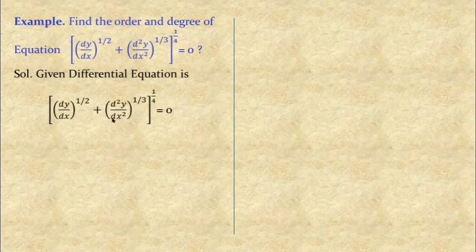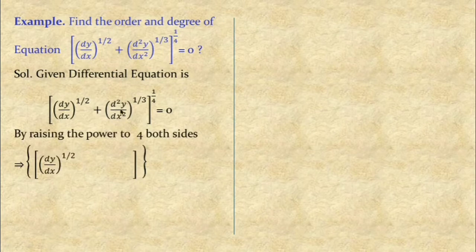Okay, so first we have to find the order. To find the degree, we have to transform this equation into polynomial form. This is not in polynomial form, because whole power 1/2 is not an integer and 1/3 is not an integer. That's why first we have to transform this equation into polynomial form. For that we raise the power on both sides by 4.